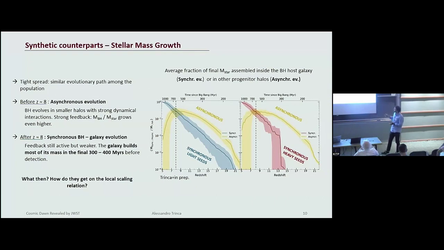But then, after a certain threshold, which is around redshift 8 for this population, the real black hole galaxy coevolution starts to build up, the system is growing, and the vast majority of the final stellar mass is gathered in this final 300 or 400 million years of evolution. So the galaxy is actually catching up with the black hole mass.